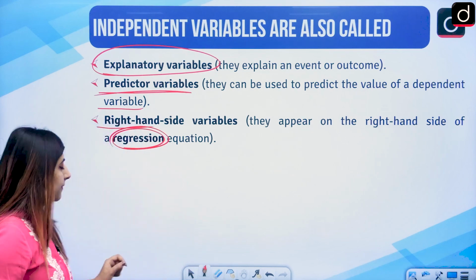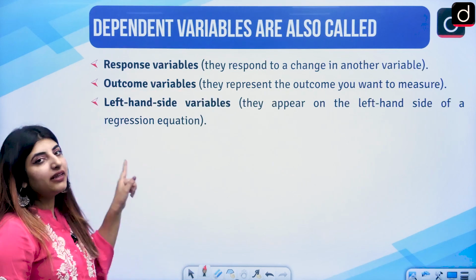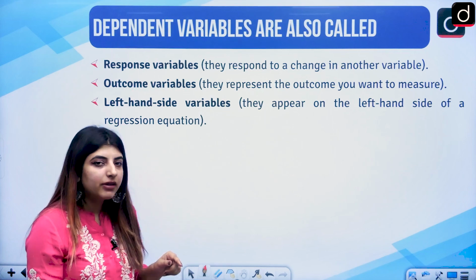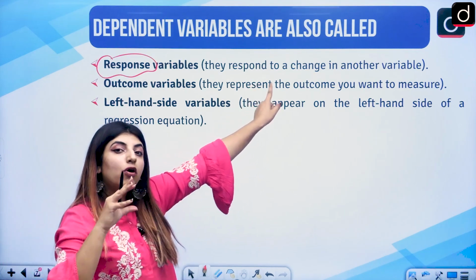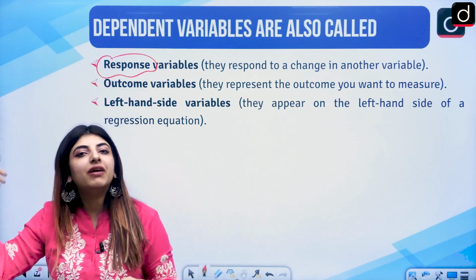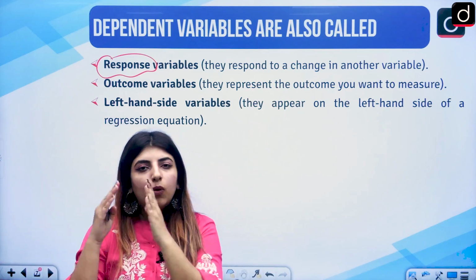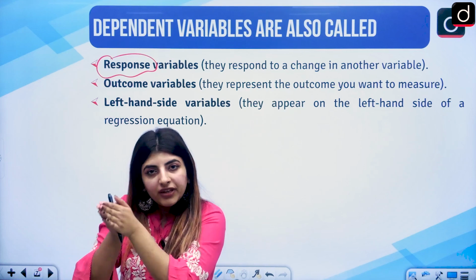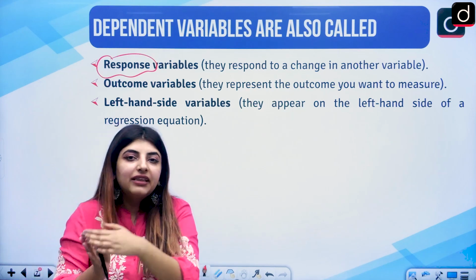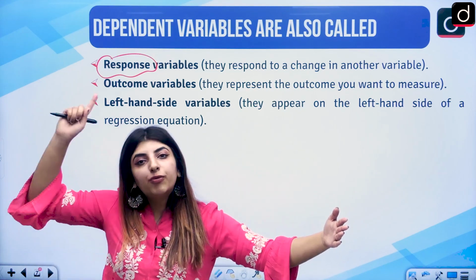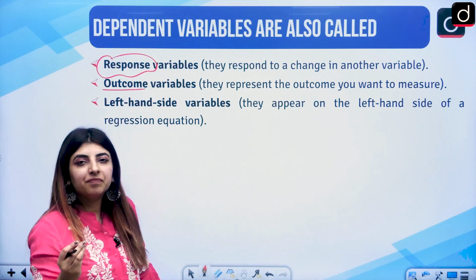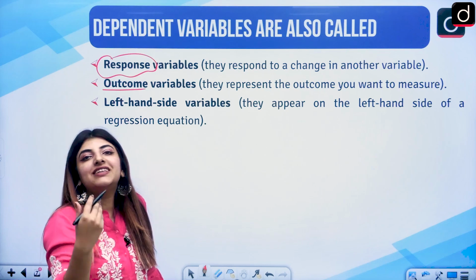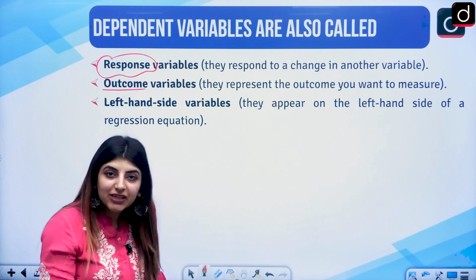On the other hand, the dependent variables are also known as response variables because they respond to a change which we make in the independent variable. Whatever manipulation we do in the independent variable, that thing is seen in the response of the dependent variable. Outcome variable, because they are providing us with the result, an effect which is there.